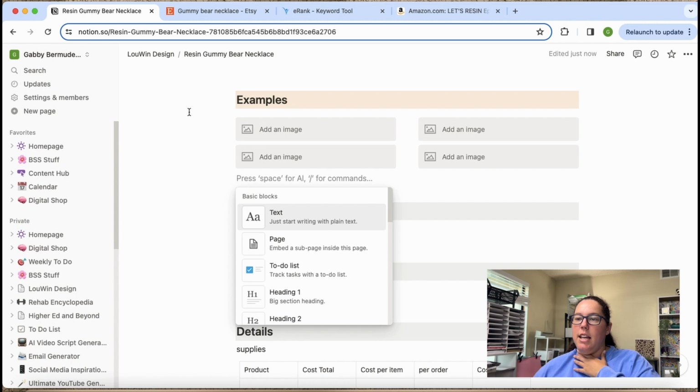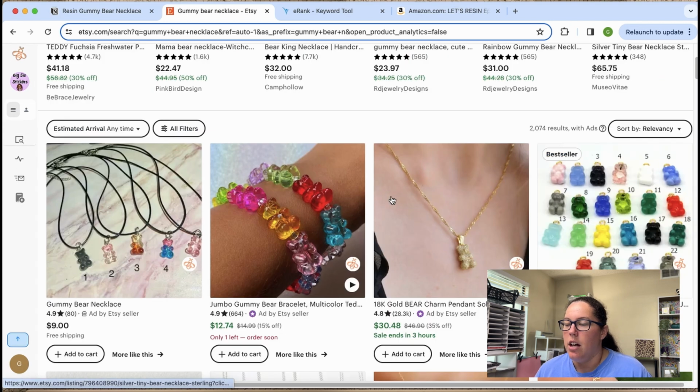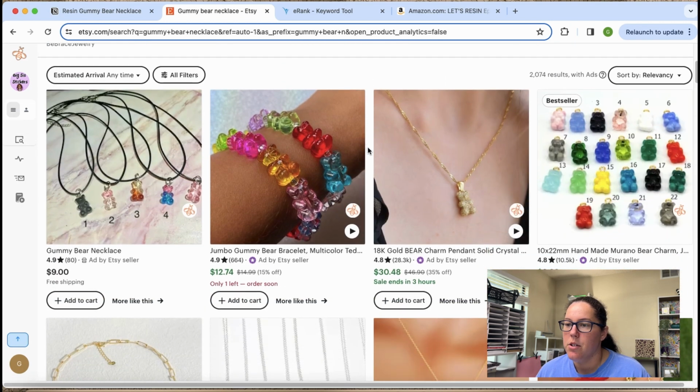So this stage is going on, like I said, going on Etsy, looking for inspiration, product picture ideas, and then pricing too. So we'll start out with inspo. I have the gummy bear resin mold, and so basically it's replicating what a gummy bear looks like, make it into a necklace.